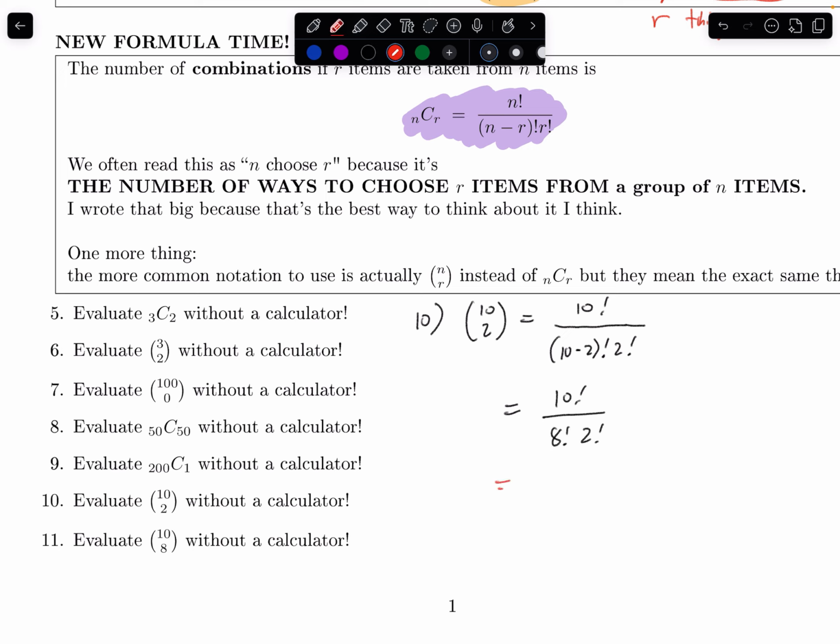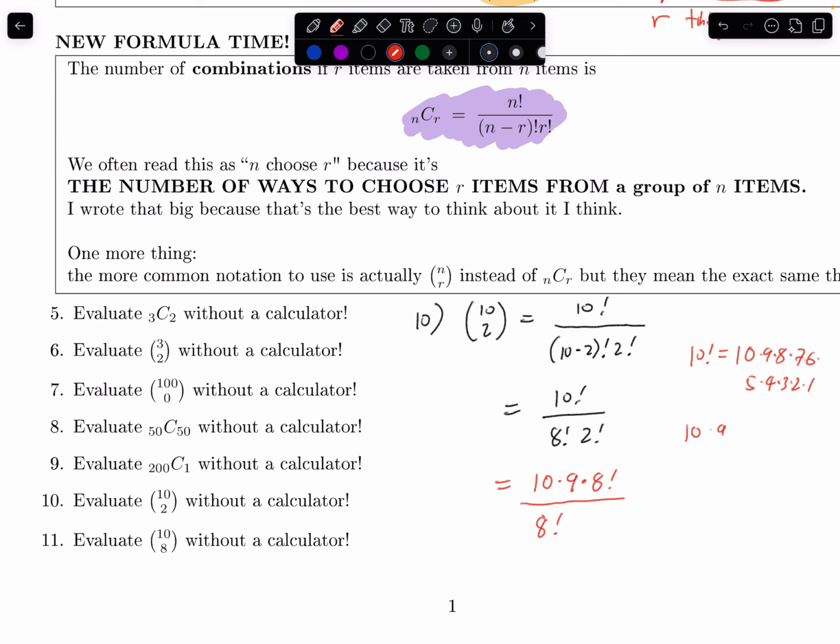Now I'm going to look for things to cancel. When I decide which one to cancel, I'm going to look at which one's the bigger one. The bigger one is 8, right? So when I rewrite this, I'm going to go 10 times 9 times 8 factorial. This 8 factorial takes care of the 8, 7, 6, 5, 4, 3, 2, 1. I'm sorry, maybe that wasn't clear. 10 factorial is 10 times 9 times 8 times 7 times 6 times 5 times 4 times 3 times 2 times 1, right?